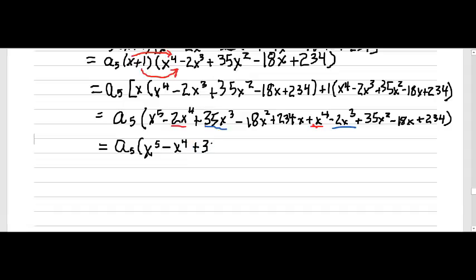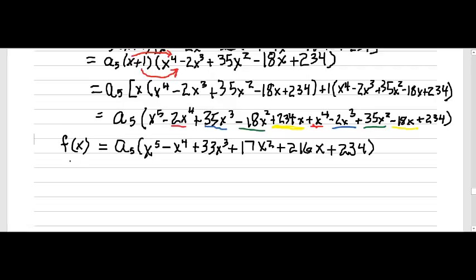Plus 35x cubed minus 2x cubed is plus 33x cubed. Minus 18x squared plus 35x squared is plus 17x squared. Plus 234x minus 18x is plus 216x, and then I recopy the plus 234.